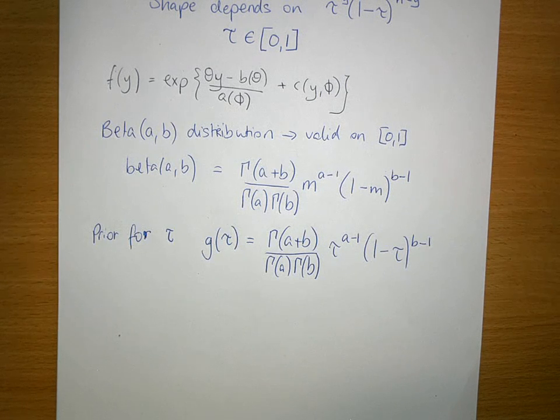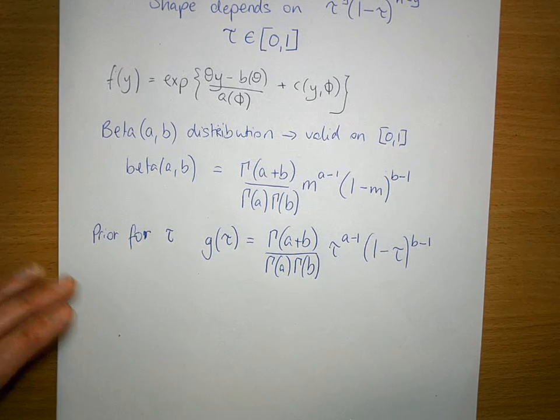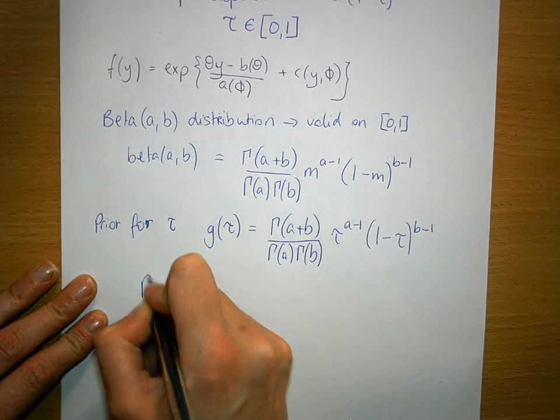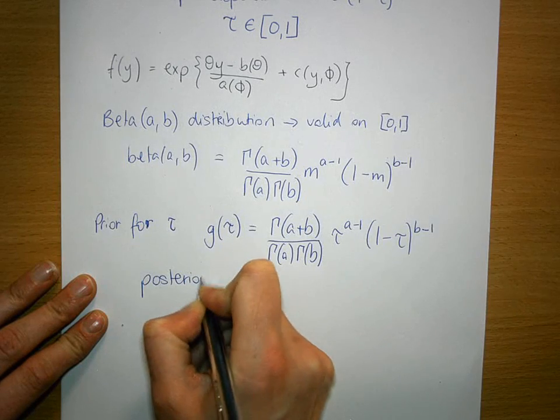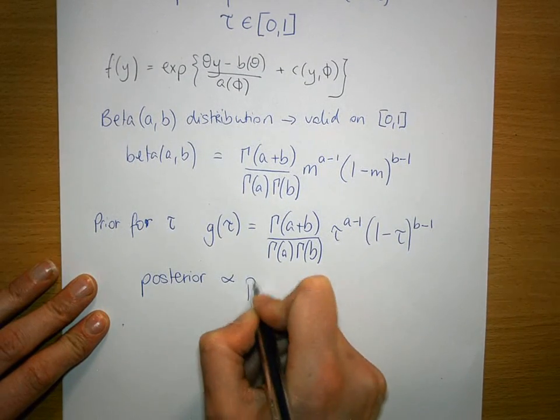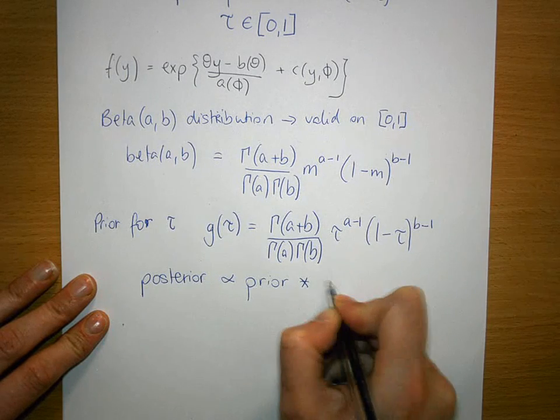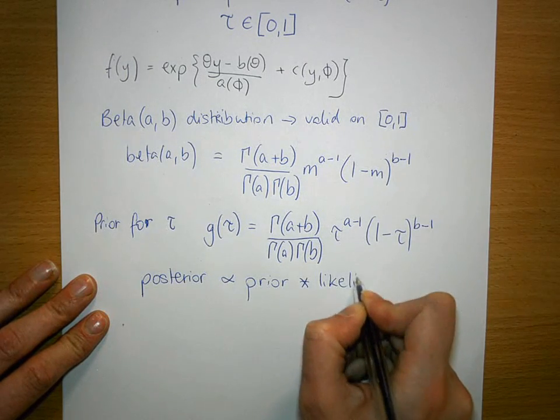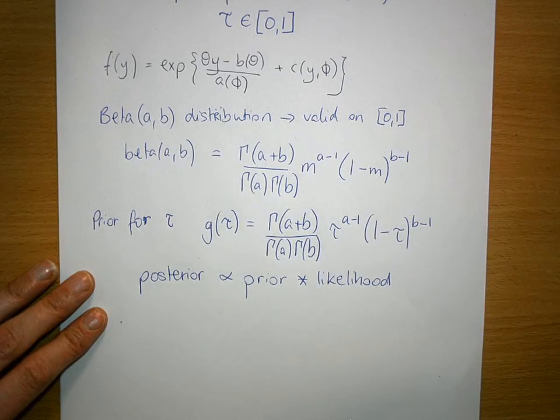Okay, so we're getting places now, because how did we find our posterior distribution? Well, what's it proportional to? The posterior is proportional to prior times likelihood.